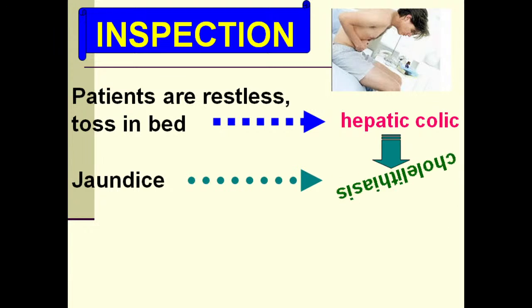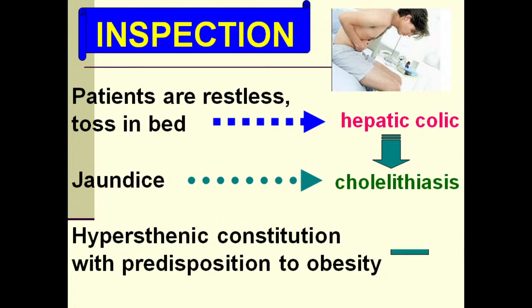If the gallbladder is filled with stone gradually, the patient can enter the hospital with yellowish color of skin, jaundice. And we must remember that patients with hypersthenic constitution, with a predisposition to obesity, are predisposed to cholelithiasis because disordered fat metabolism provokes the formation of cholesterol stones in the gallbladder.